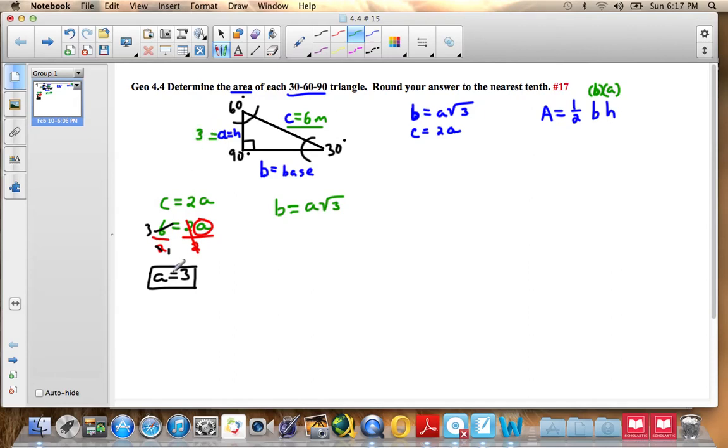I established that down here. That was the first thing I did. A equals 3. So then I'm just going to take this A and I'm going to plug it in right here so that B equals 3 times the square root of 3.